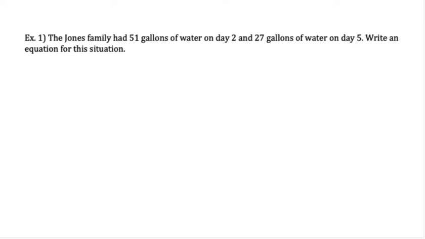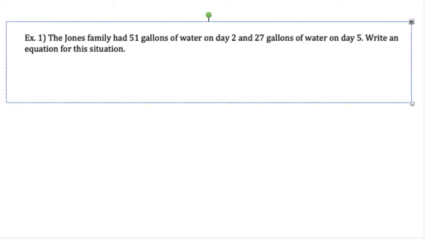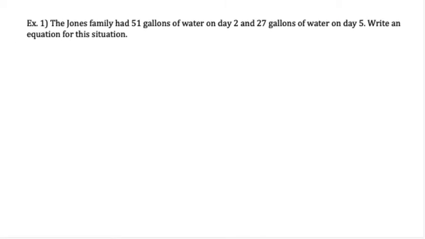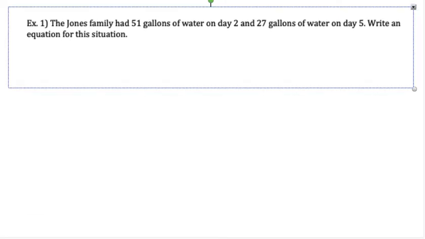So our first example has some context here. The Jones family had 51 gallons of water on day 2 and 27 gallons of water on day 5. I'm going to go ahead and write these as ordered pairs.